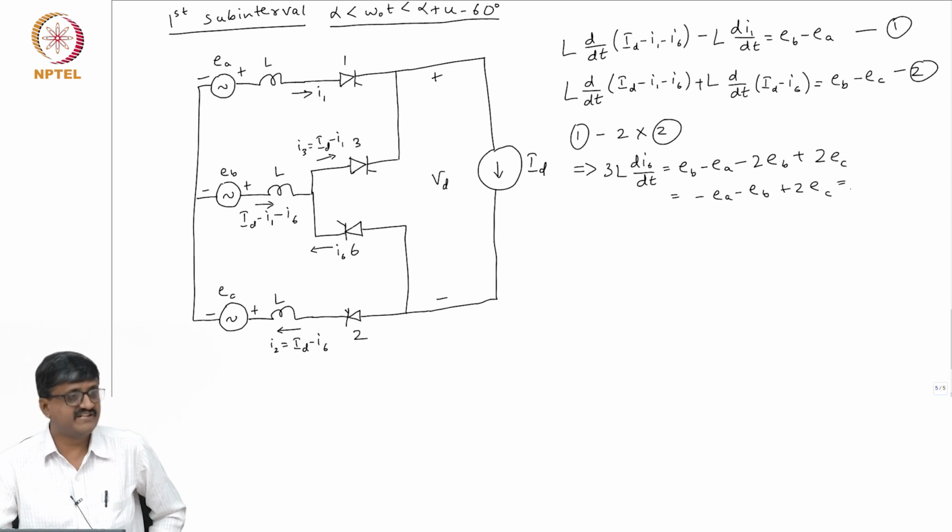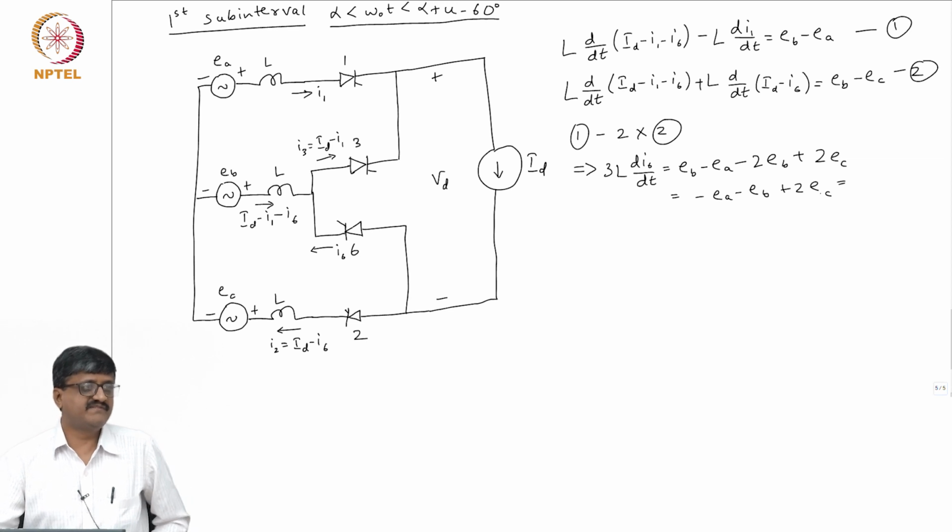what is the next simplification? Minus EA minus EB is, see EA plus EB plus EC is 0. So, it is minus EA minus EB is EC. So, it is 3 EC.